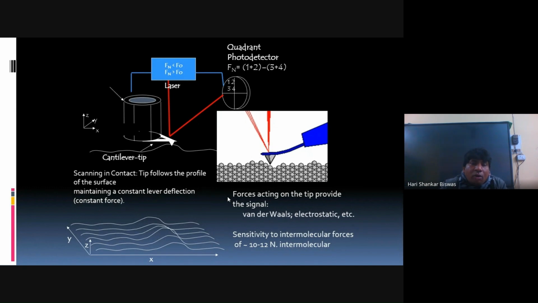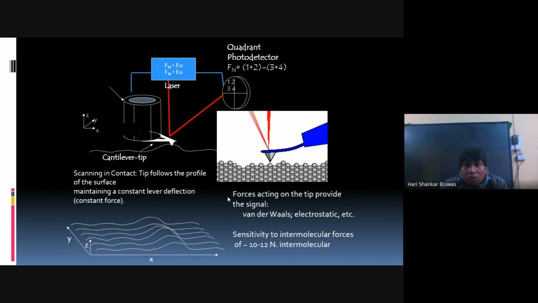Actually, we know a microscope means we can see up to micrometer. But the atomic force microscope can measure up to nanometer surface. So how does it work? Actually, it is an indirect image, not a direct image. We cannot see the direct image.